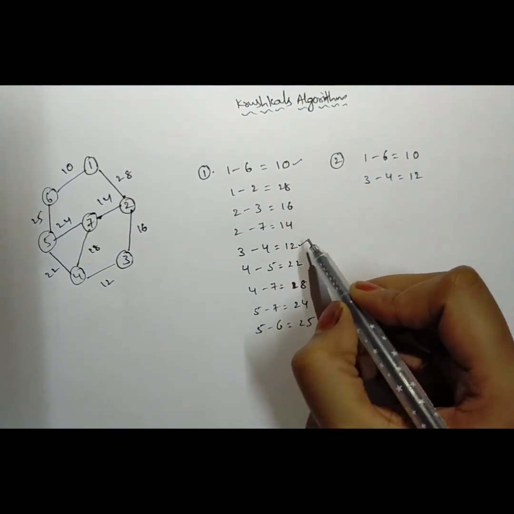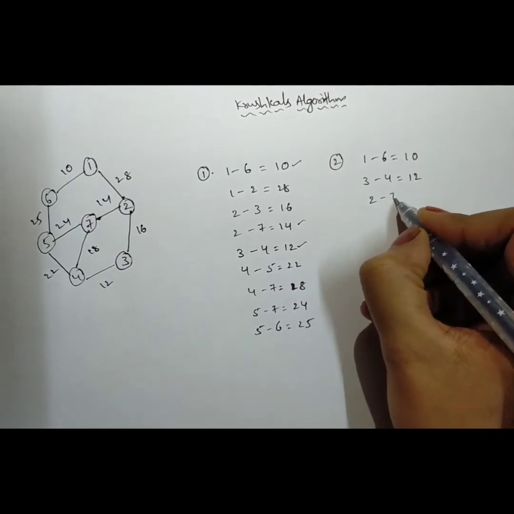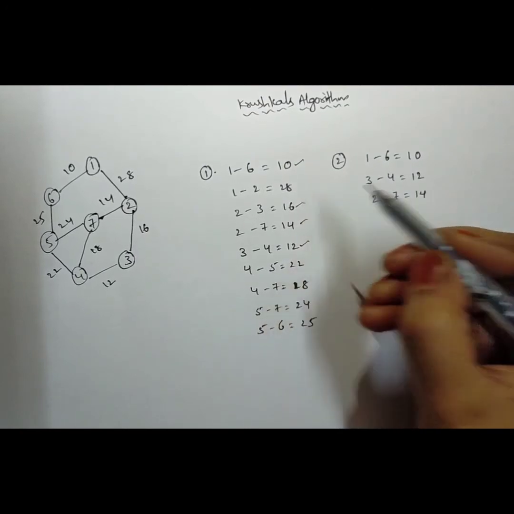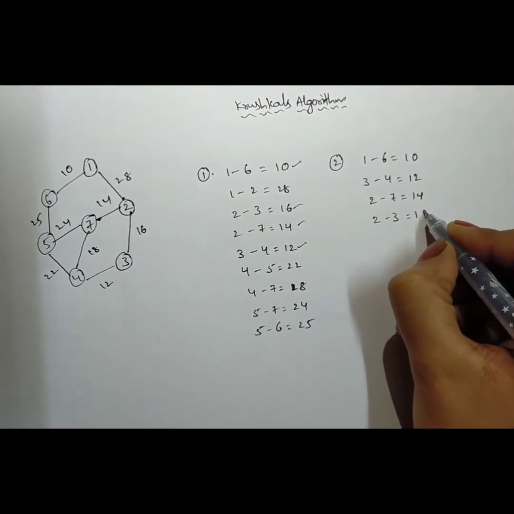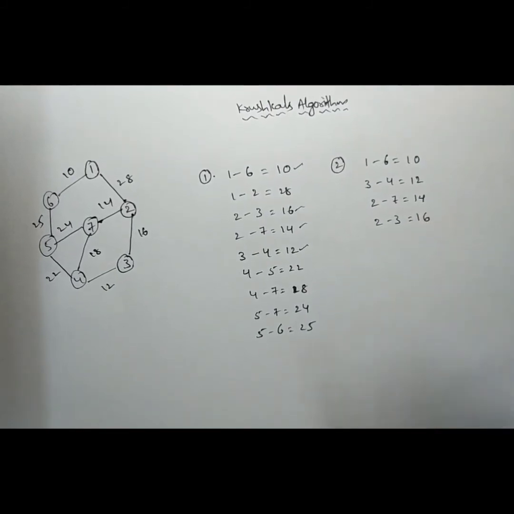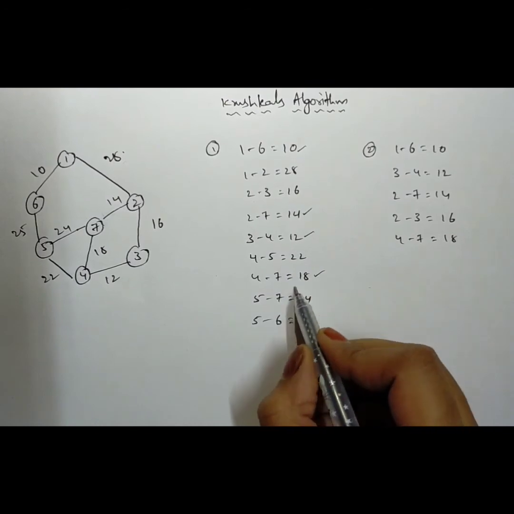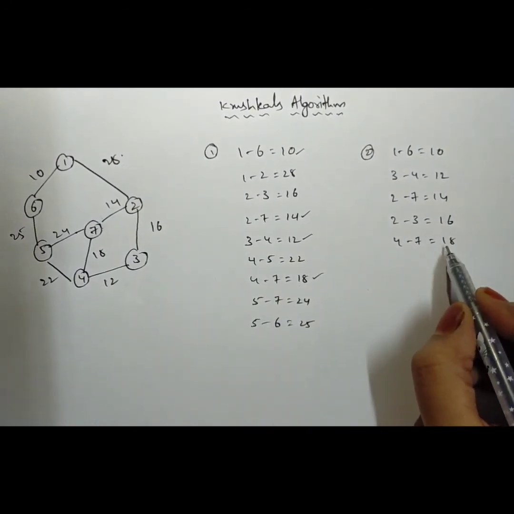Next smallest weight is 14, so I am considering the edge 2 to 7 with weight 14. Next smallest weight is 16. 2 to 3, I am considering the weight 16. Next smallest distance is 18. Now I am considering 4 to 7 with weight 18.